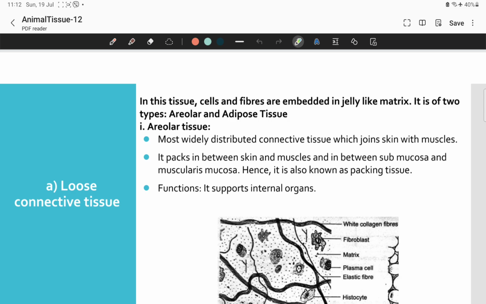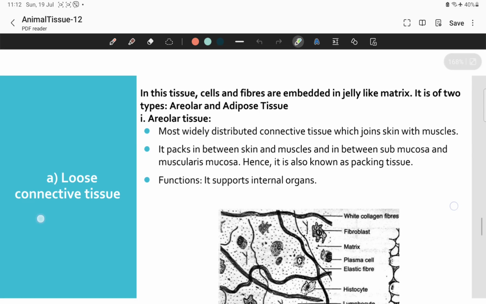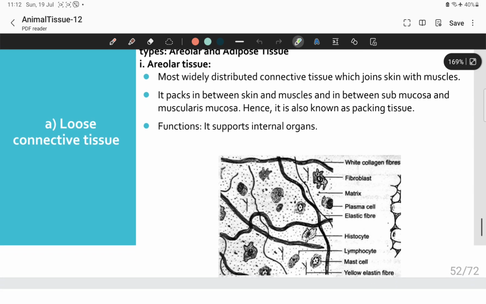It is of two types, areolar and adipose tissue. Areolar tissue is mainly responsible for joining skin with the muscles. Muscles lie under the skin, so this tissue plays the role of connecting muscles with skin. Similarly, it also packs the different layers present in the gut, submucosa and muscularis mucosa.